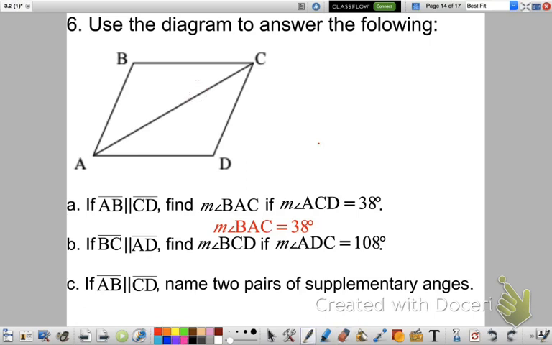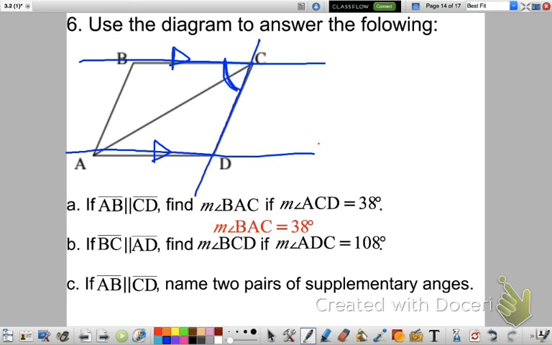Let's look at B. This time, we're going to have BC parallel to AD. And we're looking at angle BCD, which is this angle here. And angle ADC, which is this one, is 108 degrees.